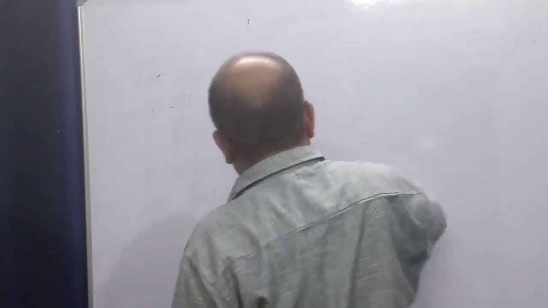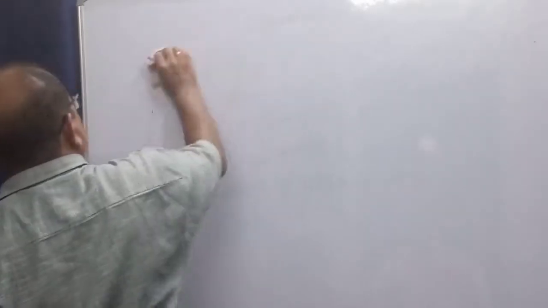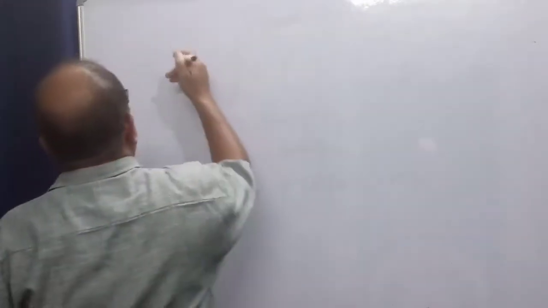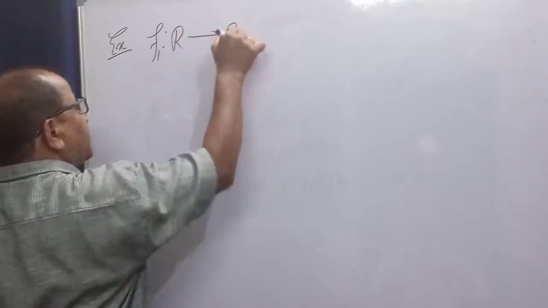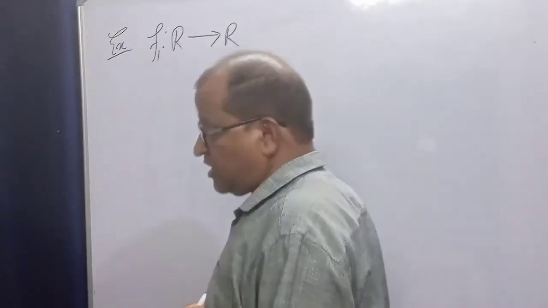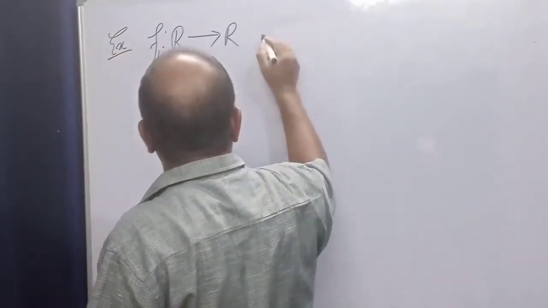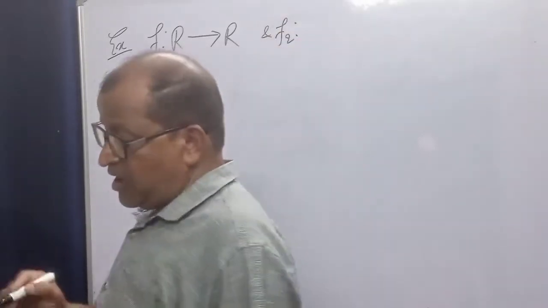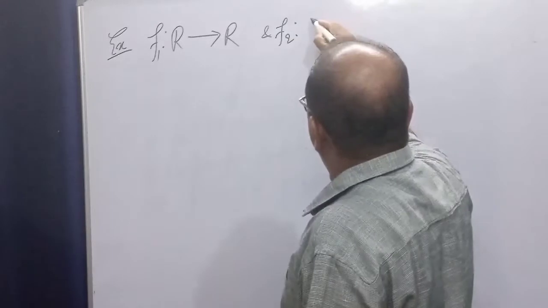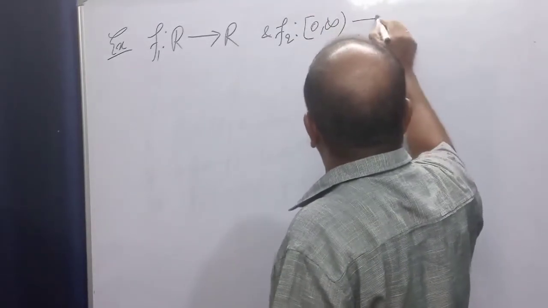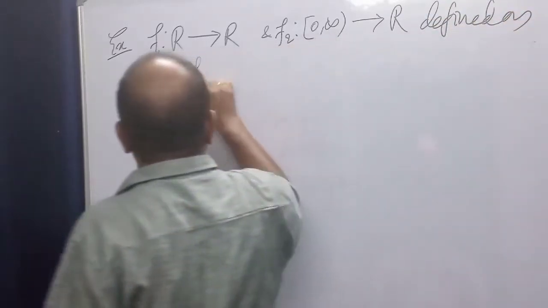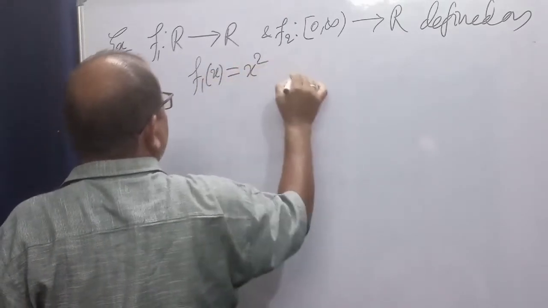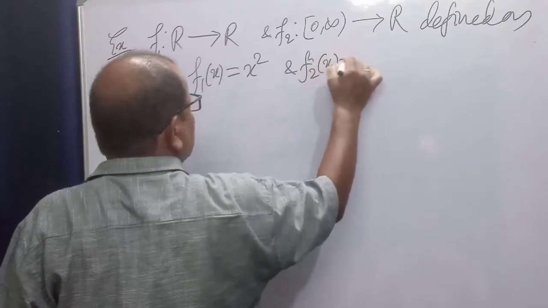Suppose example one: f1 is a function from R to R, and f2 is another function from 0 to infinity to R, defined as f1(x) equals x square and f2(x) is also equal to x square.